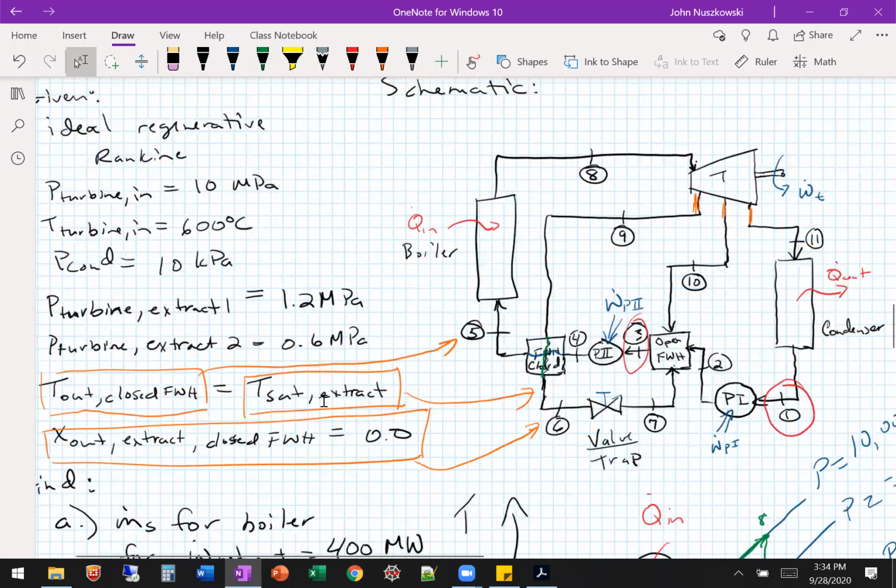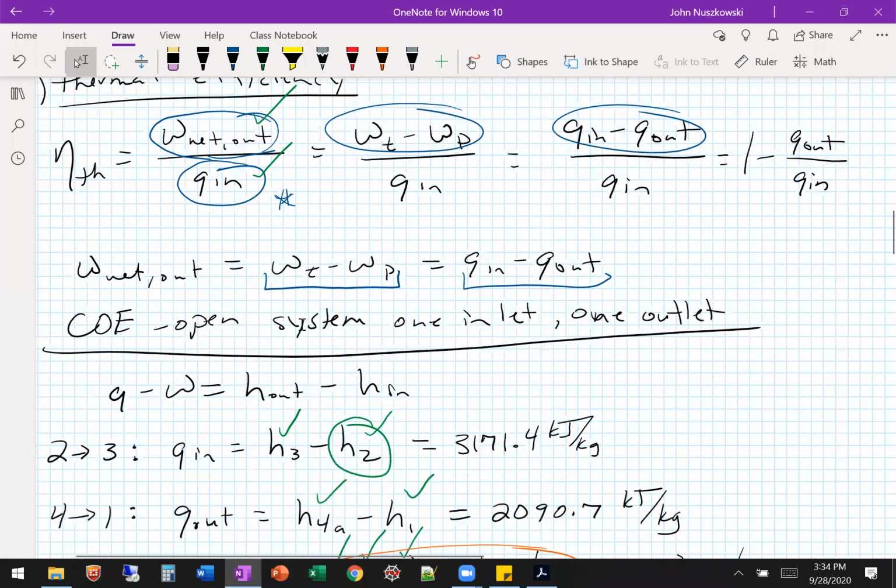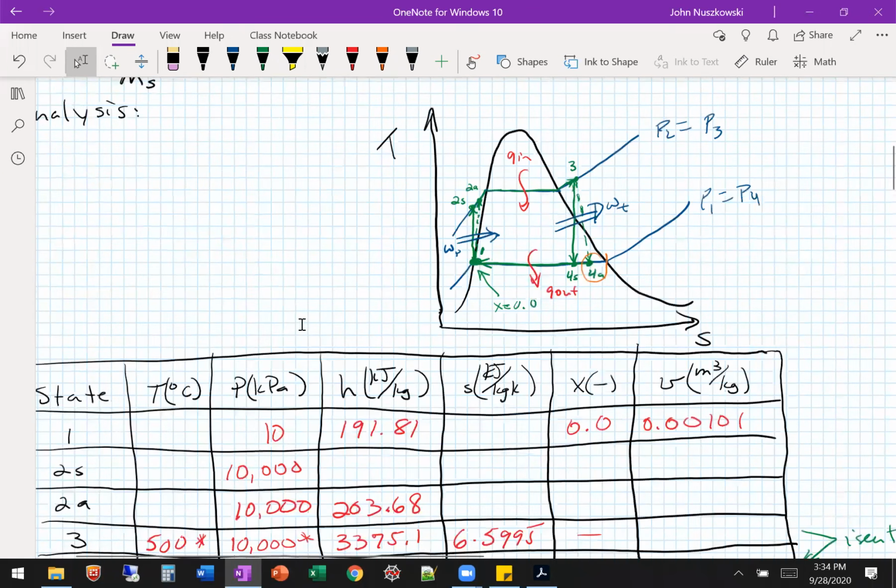We don't have the same mass flow rate going through every component, right? We're extracting some mass flow rate out of the turbine, so we're changing the mass flow rate. So it matters that we're dividing by mass flow rate 5 in this case. And the other, like the last example and a lot of the things we did in the last chapter, right?